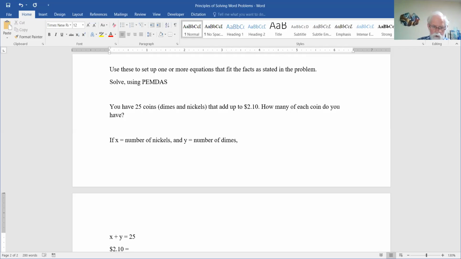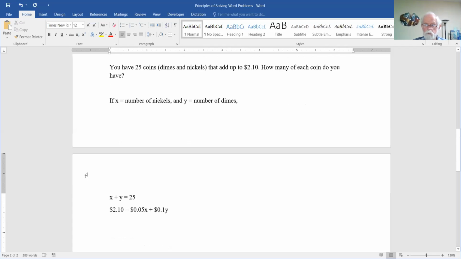Well, a nickel is 5 cents, and we convert that to a fraction of a dollar, so we have 0.05 X plus dimes, 0.1 Y. Okay, so we know those two facts.